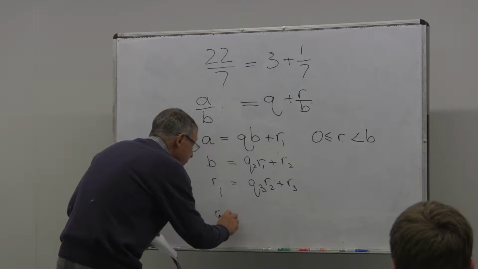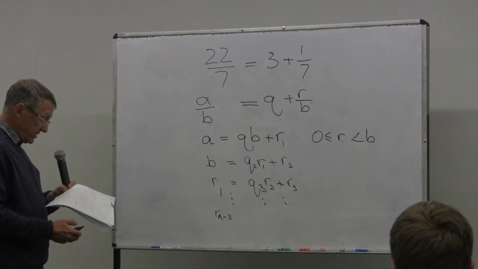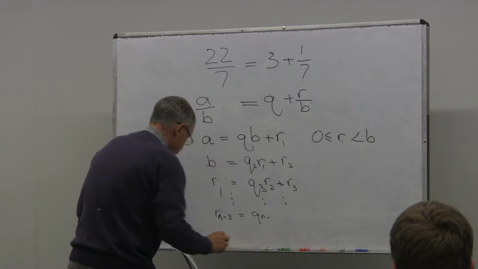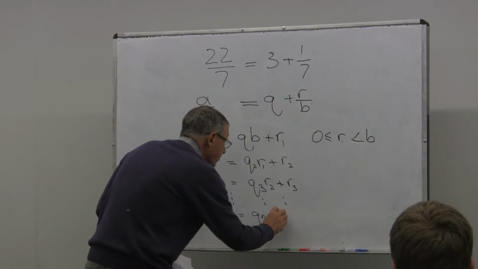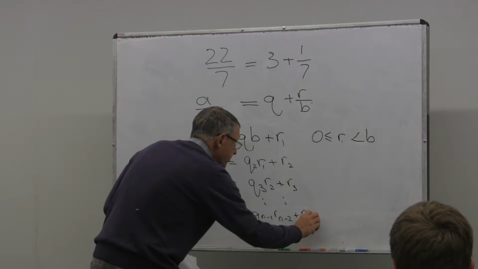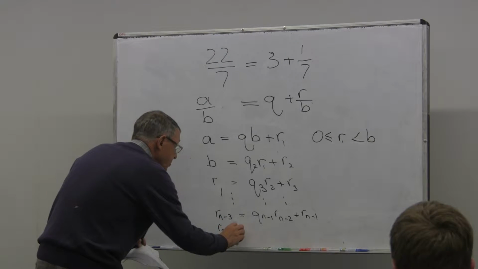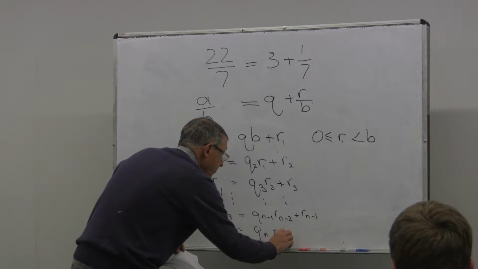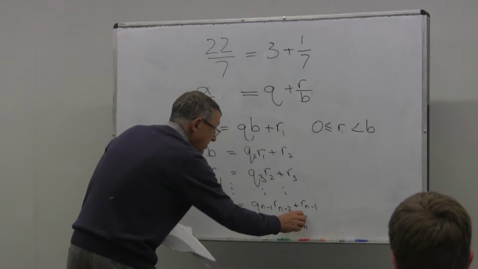If the second last one is Rn minus 3 will be, and then Rn minus 2 is Qn Rn minus 1 plus Rn, and we're assuming Rn is equal to 0.